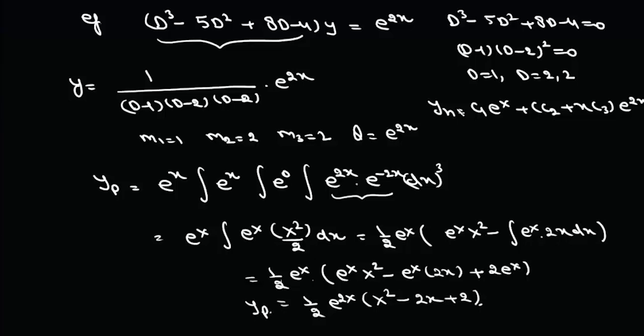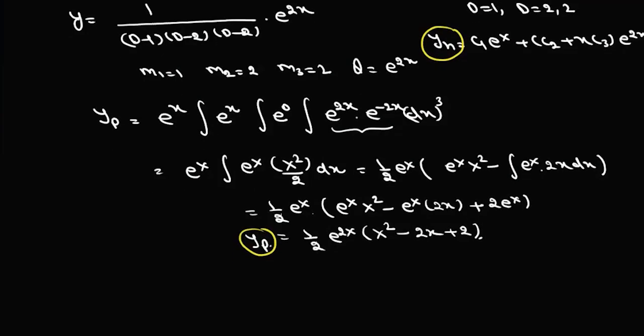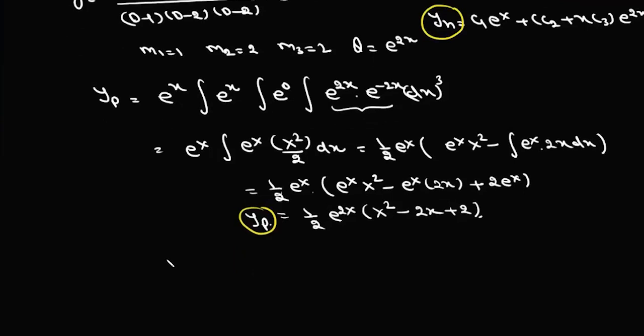Now general solution is yh plus yp, so we can write y as yh, which will be c1 e to the power x plus (c2 plus x c3) e to the power 2x plus, now here we have e to the power 2x, which is same as this, and we have x and constant term which will be consumed by these coefficients.